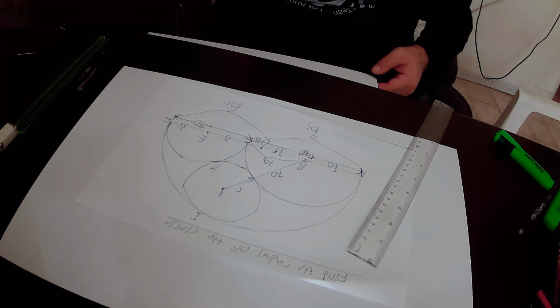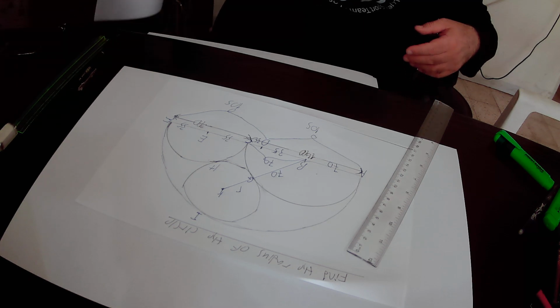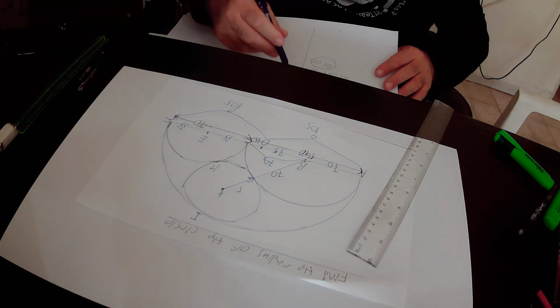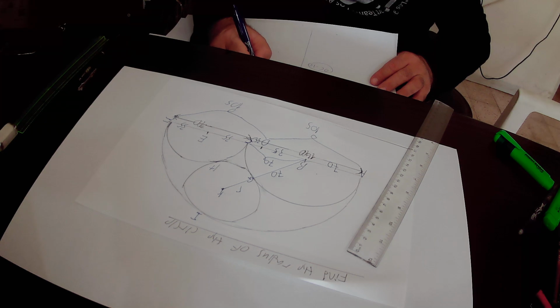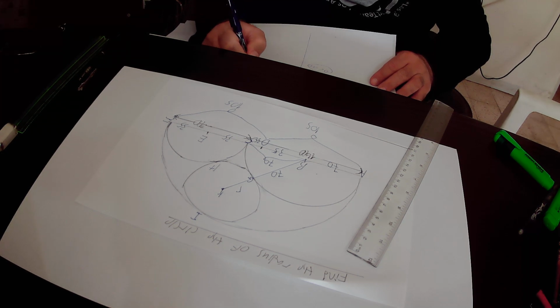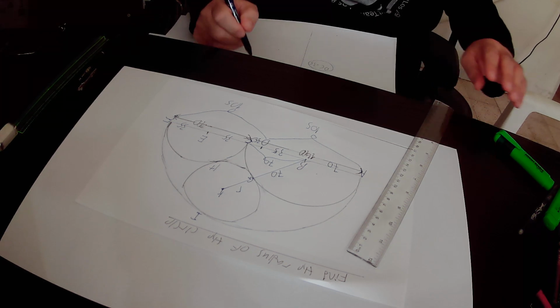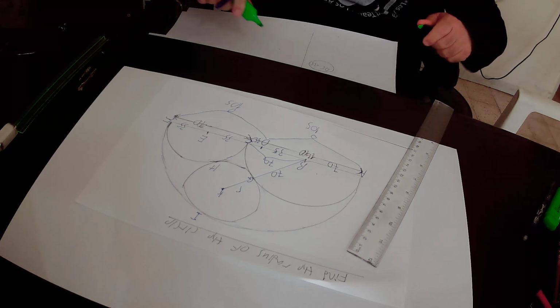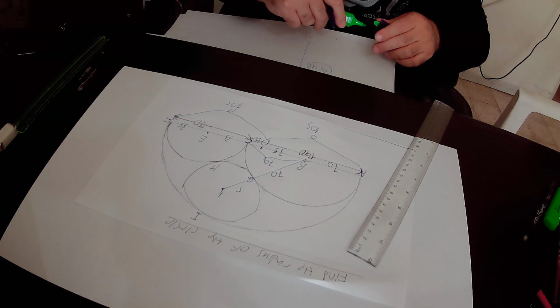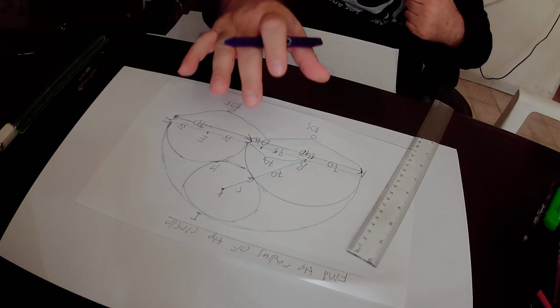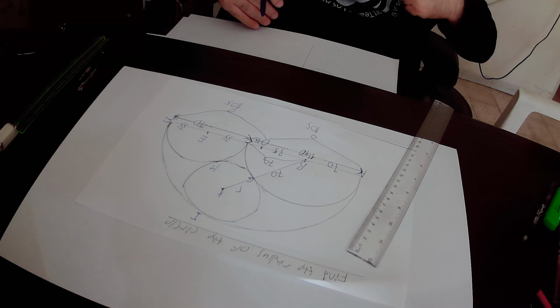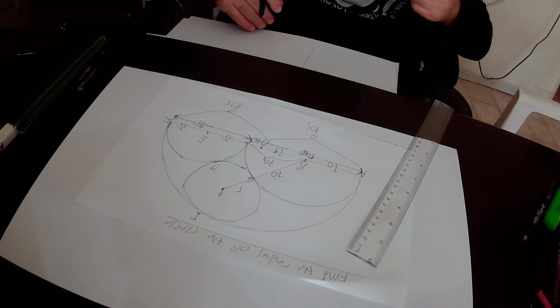I write it down: line segment BK equals 70 plus r units.